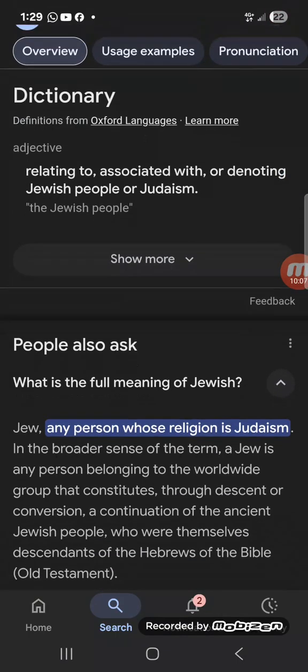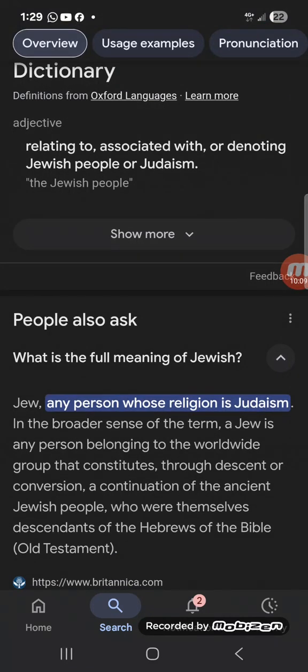What is the meaning of the word Jewish? Any person whose religion is Judaism. In the broader sense of the term, a Jewish person is any person belonging to the worldwide group that constitutes through descent.